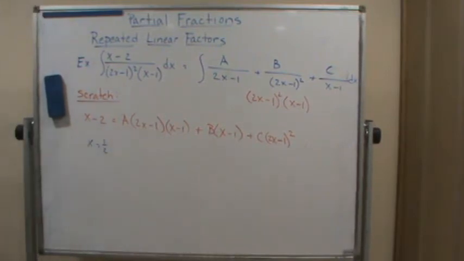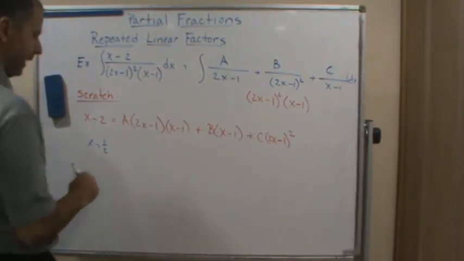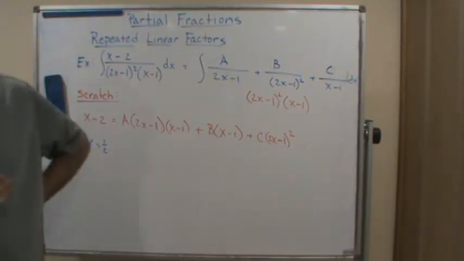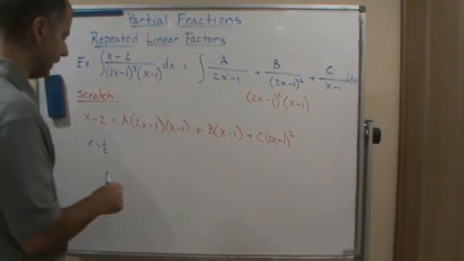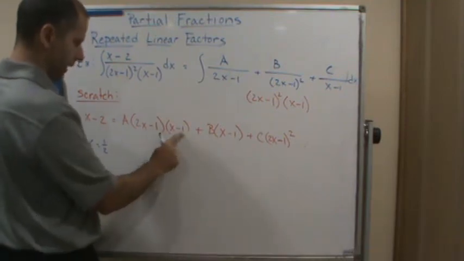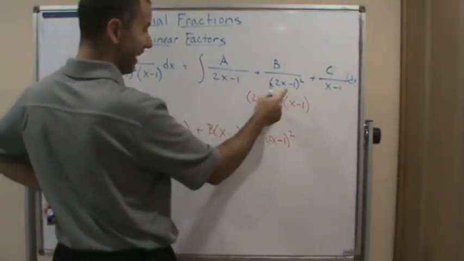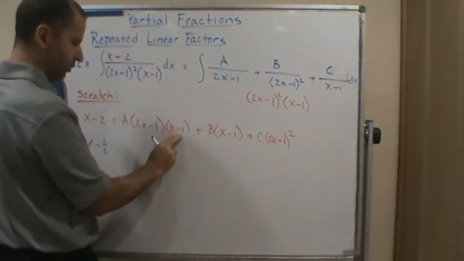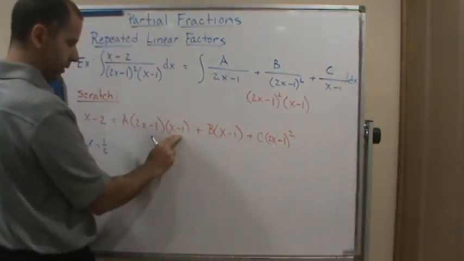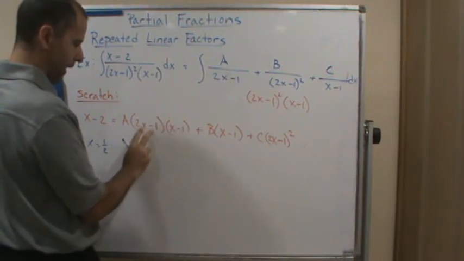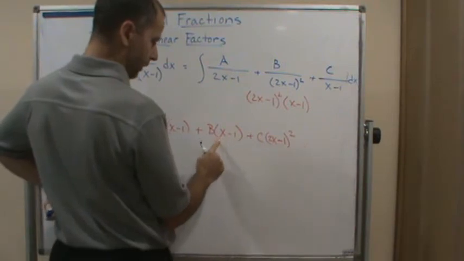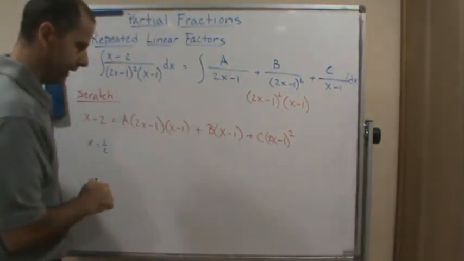So if x is equal to 1/2, well, look at this. Here's the thing, and this is kind of a limitation here. Here, it has both factors. We only have 2 factors. So whether I make x equal to 1 or x equal to 1/2, I'm going to end up eliminating a. Okay, so I'm going to be able to solve for b and c.